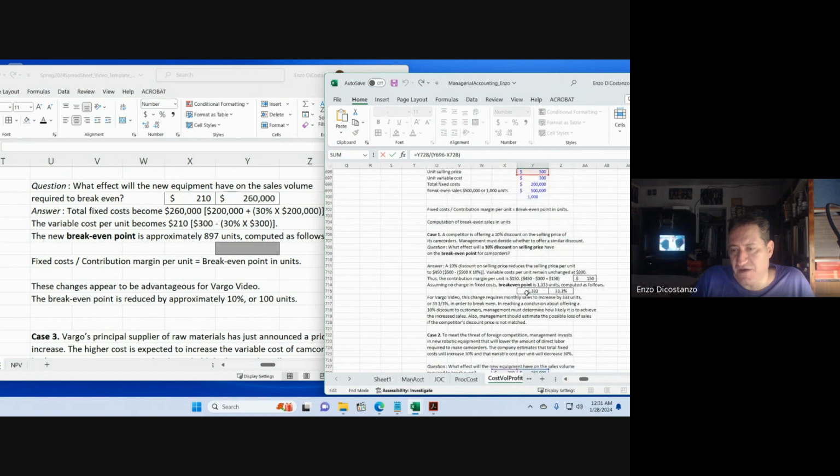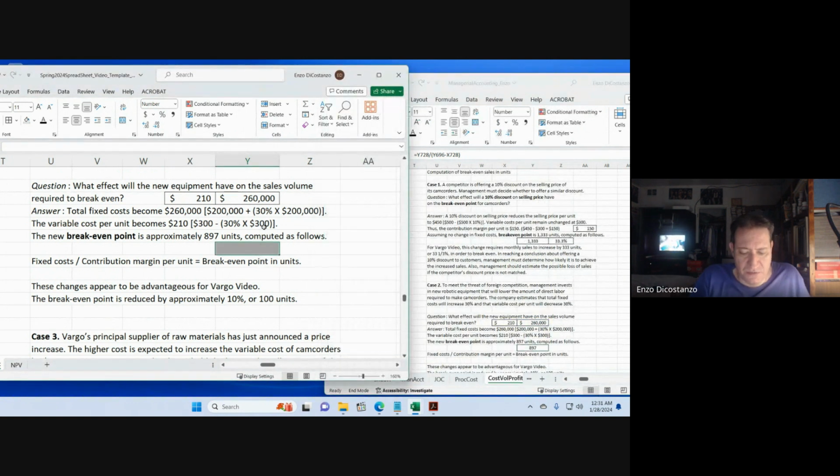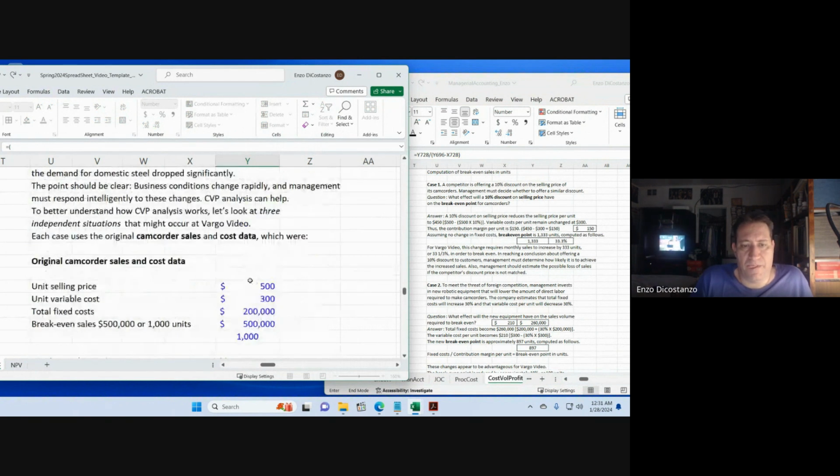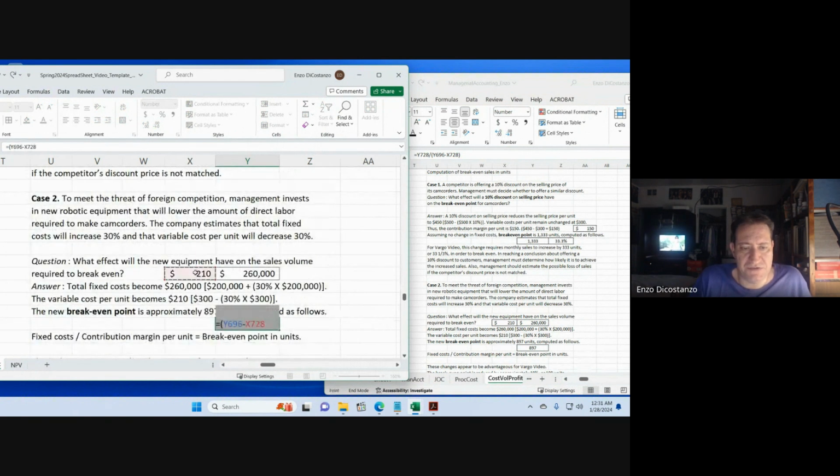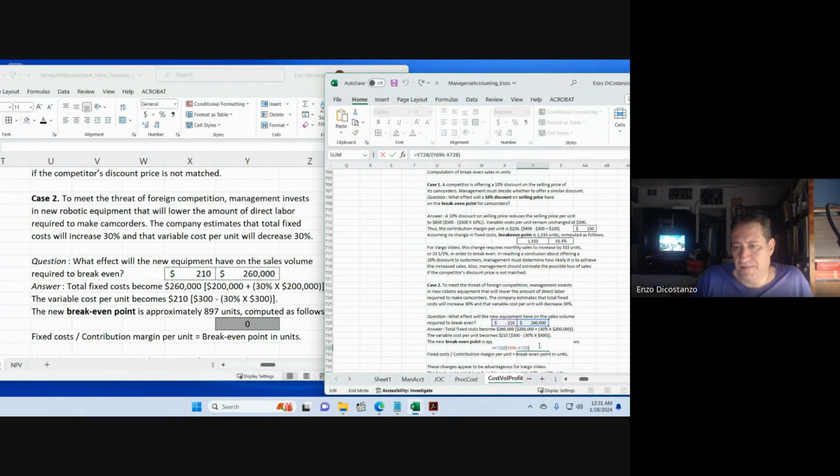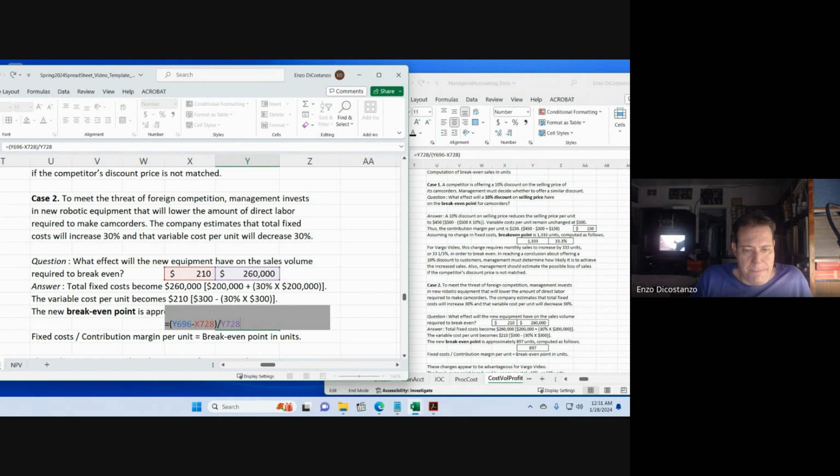You take 500 minus the variable cost of 210, which gives the margin, and divide the new fixed cost of 260,000 by it. This is 728, and there's your 897.